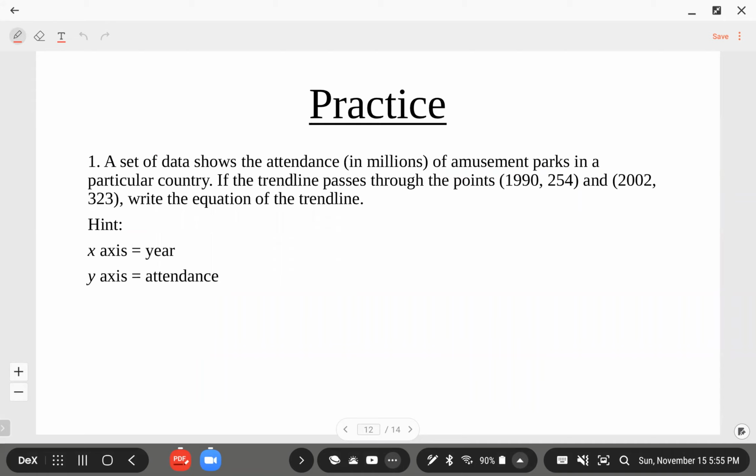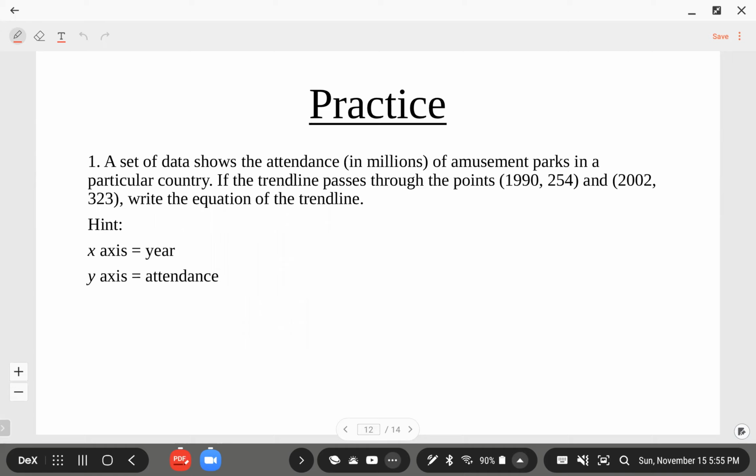So, number 1, this is pretty difficult, but I'm sure you can do it. Number one: a set of data shows the attendance, in millions, of amusement parks in a particular country.